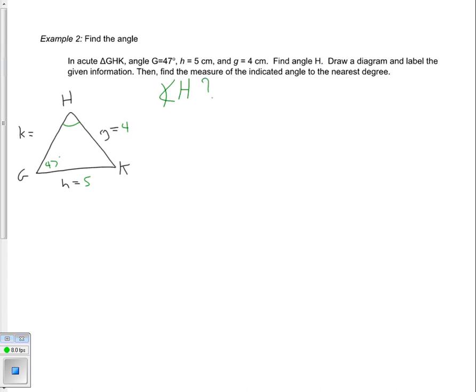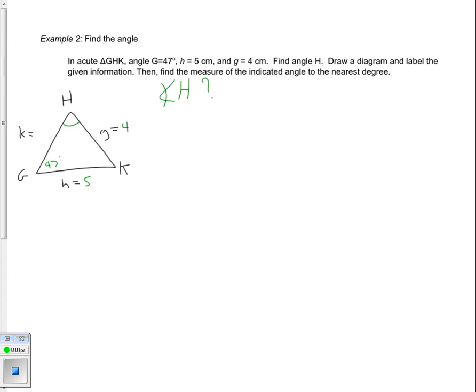However, we do know enough information in order to use it. We know nothing about angle K or side length K, but that's okay. That is perfectly all right because when we're using the sine law, we only need two parts. We don't need all three pieces of the sine law.